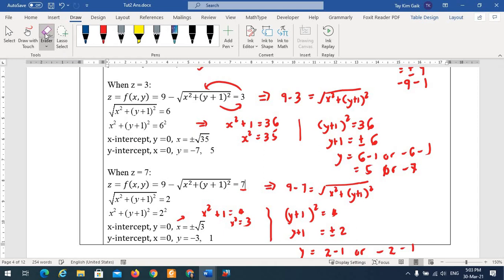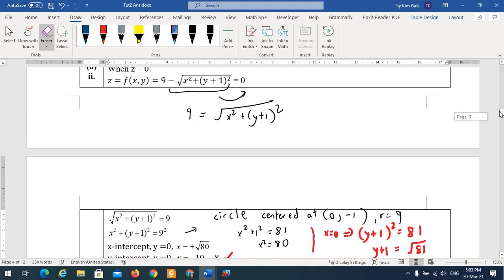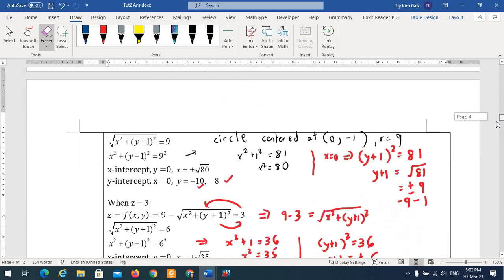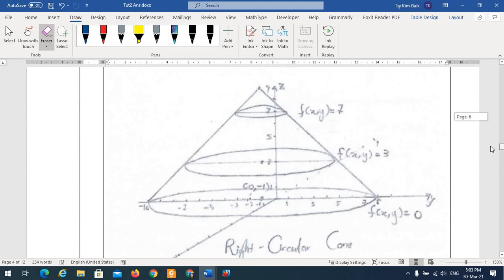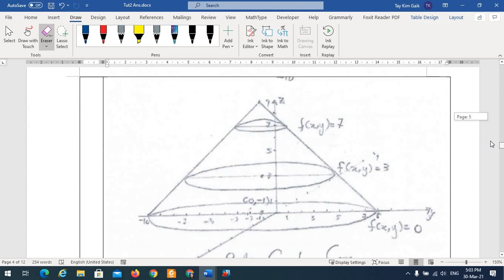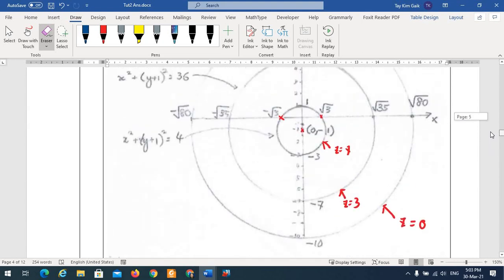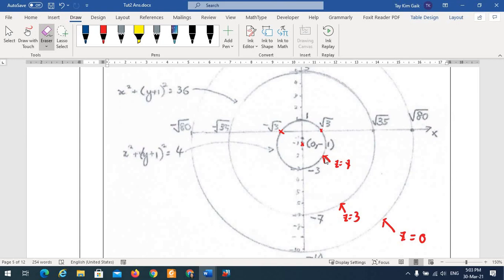So question 3. Is it okay? Question 3. This is the level curve. Later on, raise up the level curves to get the surface, because when z is higher, the circle is smaller.